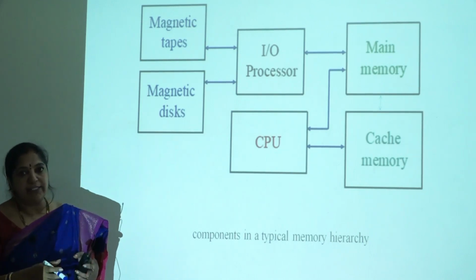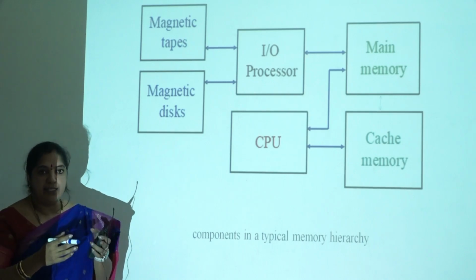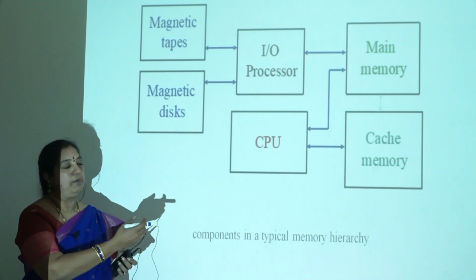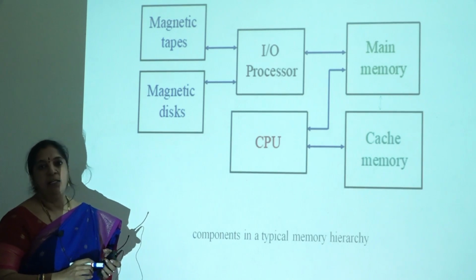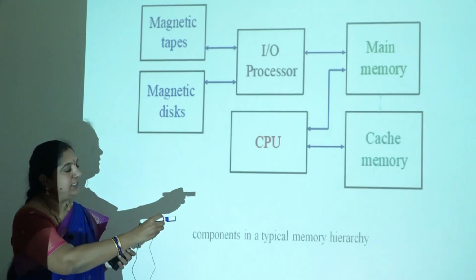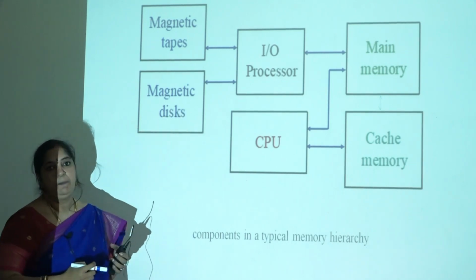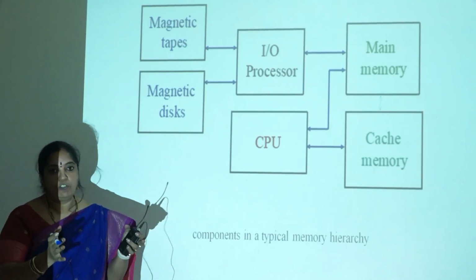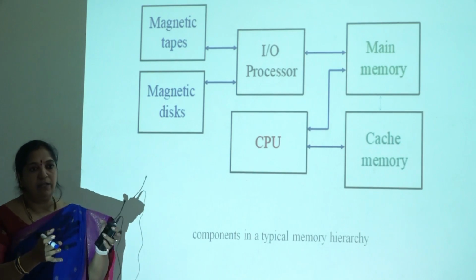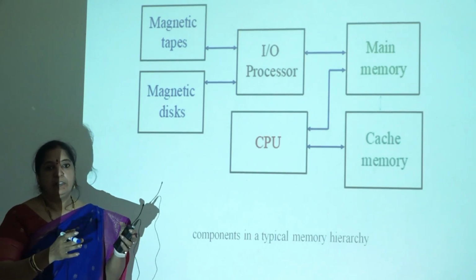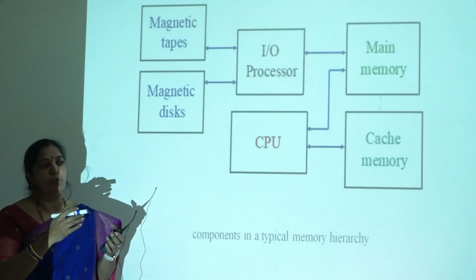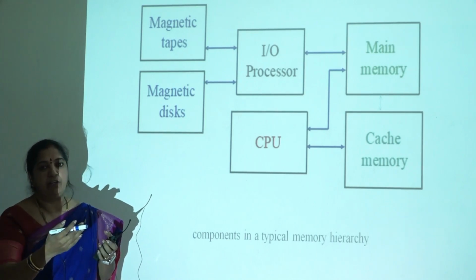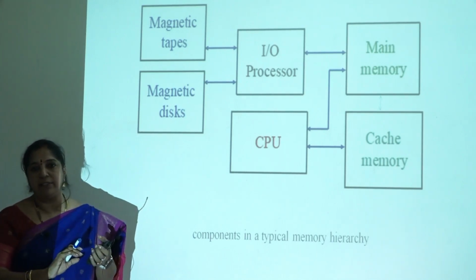If it already exists there, it is easy for the processor to get that information and continue with the process. If it is not available in the cache memory, then it will go to the main memory. It is just like books on a shelf: the reference books you are reading for a while will all be placed in the shelf.